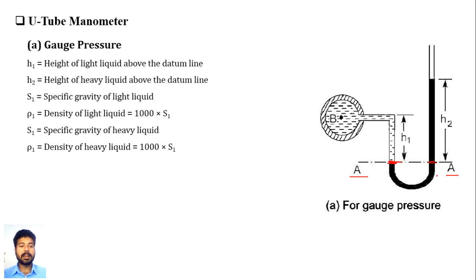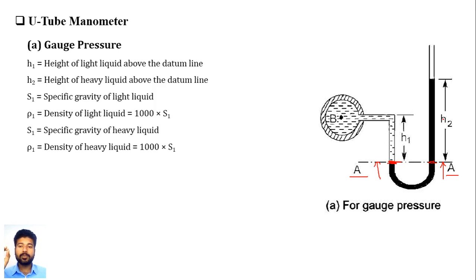So the change in pressure can be found from above the datum line. H1 is the height of your liquid above the datum line.